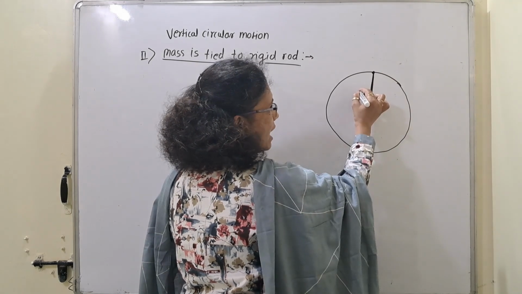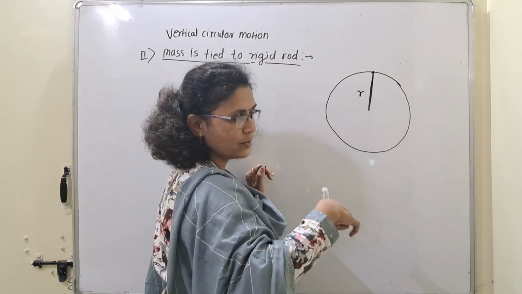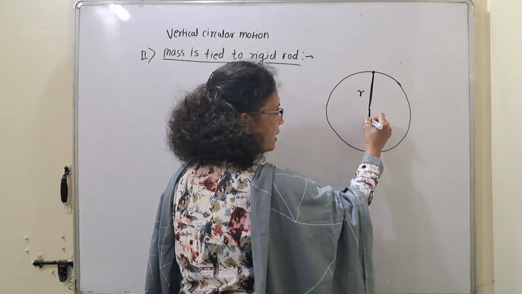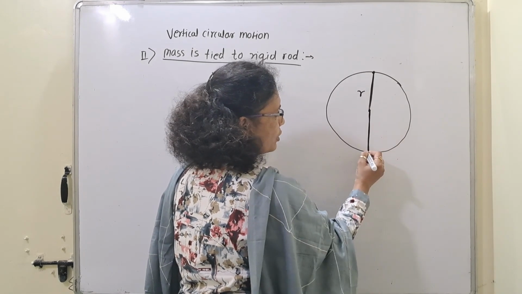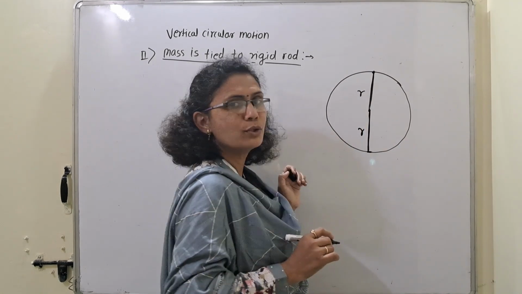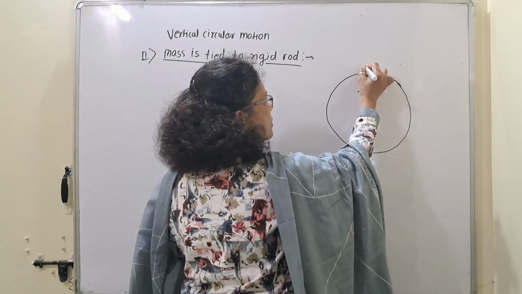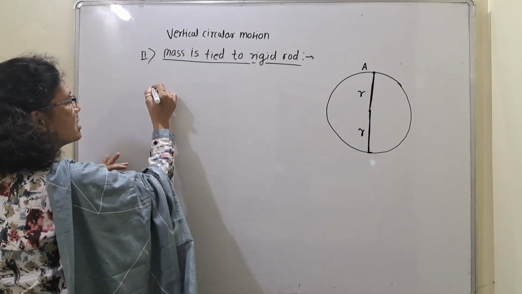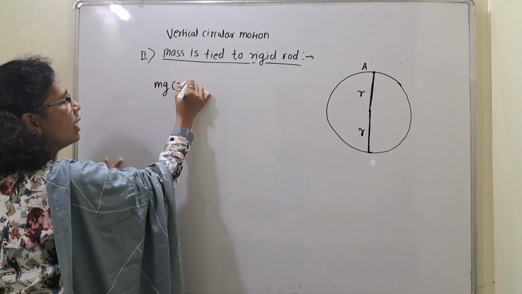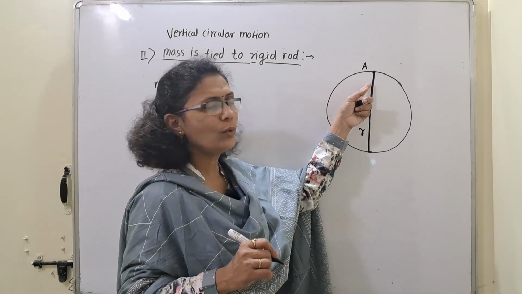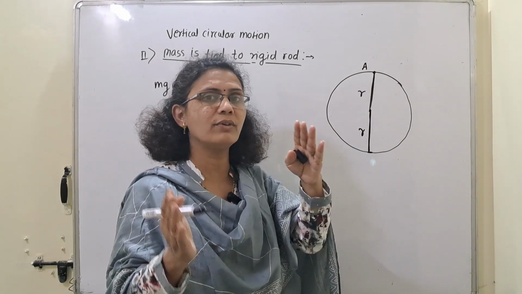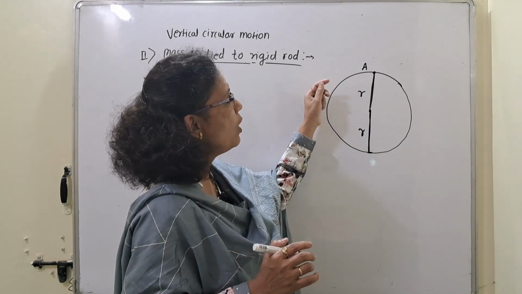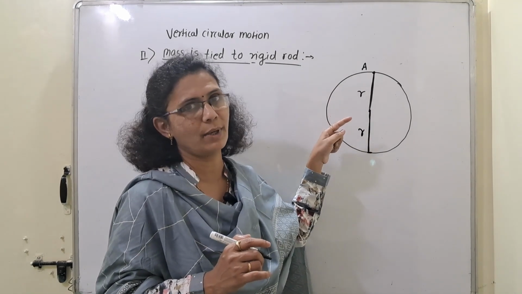The length of the rod is the radius of the circular path, and the height from the reference position, the bottom position, is r plus r, that is 2r. At this position A, the potential energy will be mgh, that is mg into 2r. No kinetic energy will be there, the particle will get totally stopped. Velocity becomes zero, that is Va will become zero. Only potential energy will be possessed by the body.